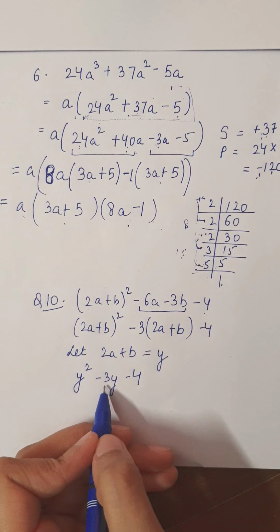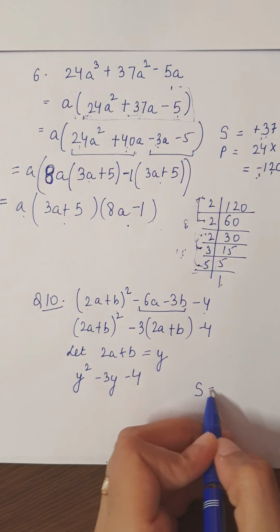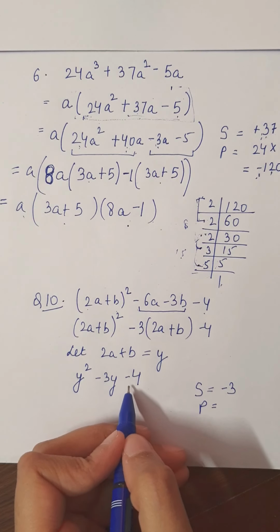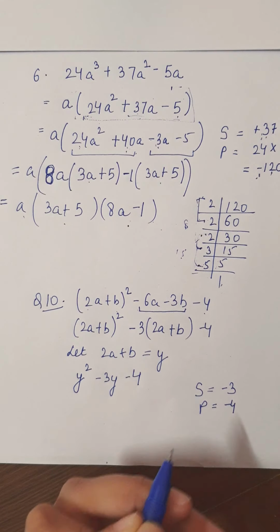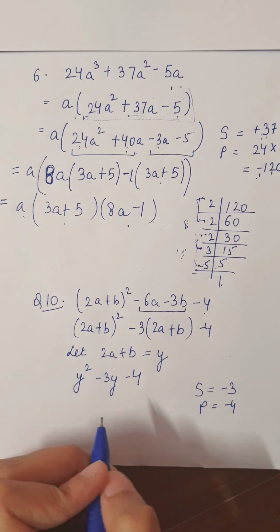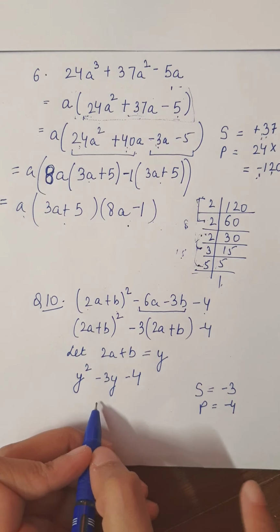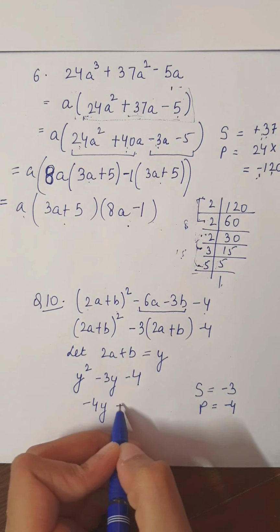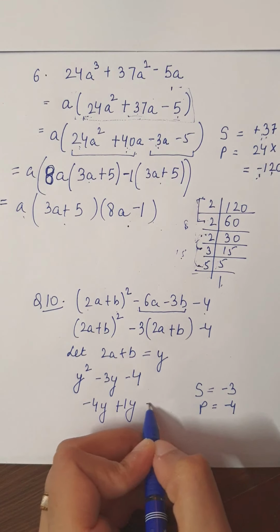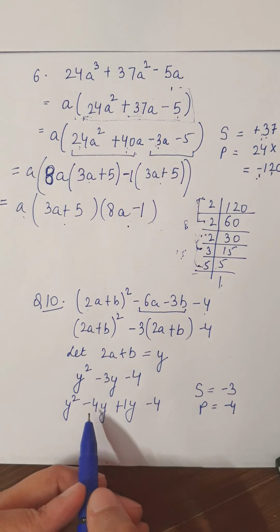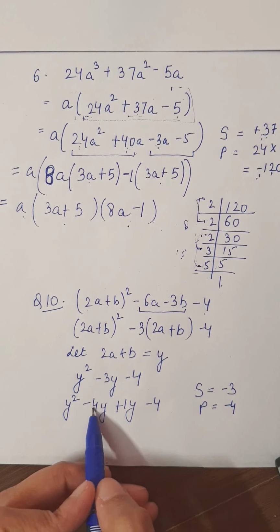Now again we need to split the middle term, where sum will be minus 3 and product will be 1 into minus 4, minus 4. So find out the factors. So here minus 4y plus 1y, minus 4 copying as it is, and y square. Let's check back before we proceed.